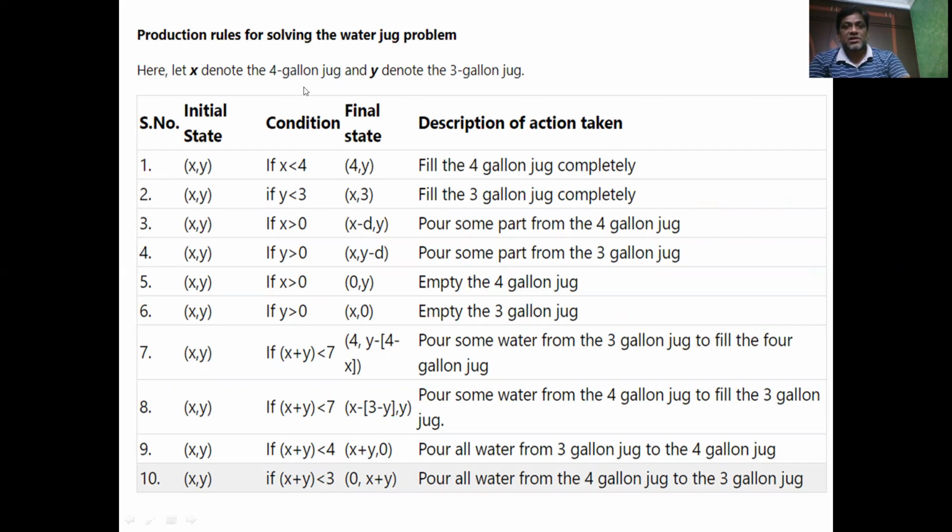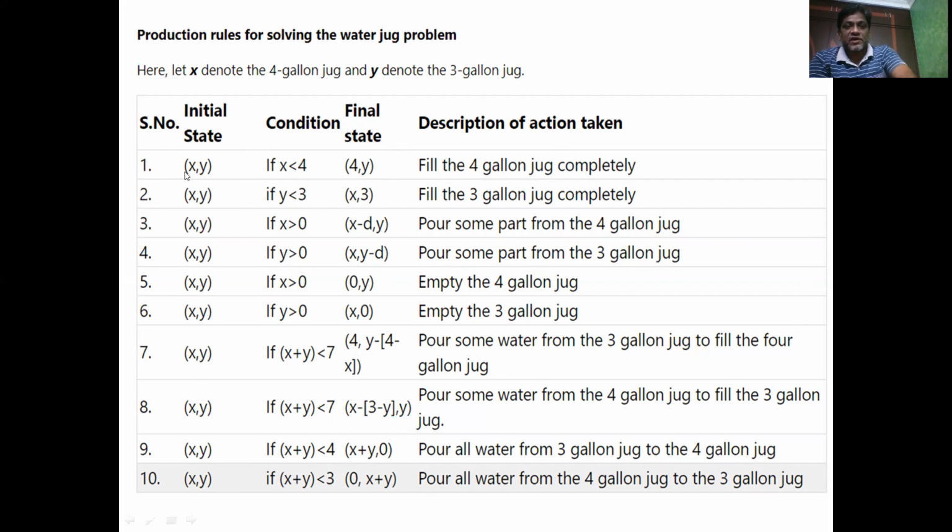Based on this, we can identify the production rules, which we can use to quickly move towards the goal state, that is, filling the 4-gallon jug with 2 gallons.